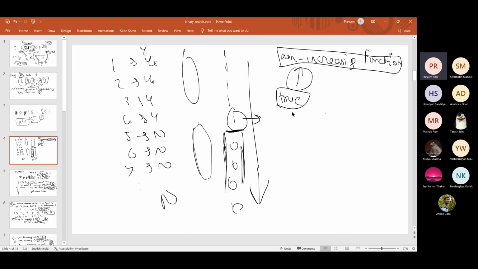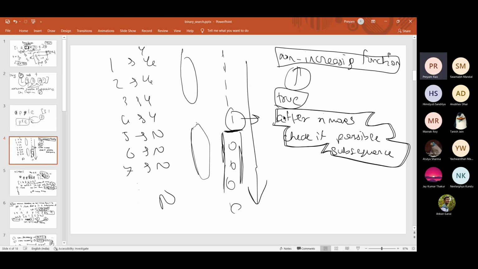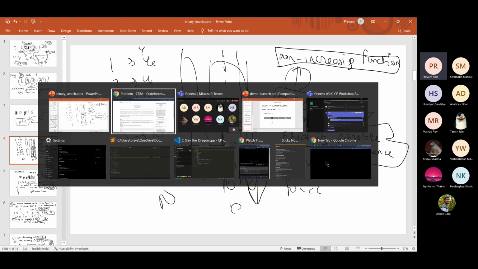After x moves, check if it's a possible subsequence. If it is, we return true, otherwise we return false. So we have a bunch of ones, then a bunch of zeros, and that's it. The moment we find a function like this, we can apply binary search to it.